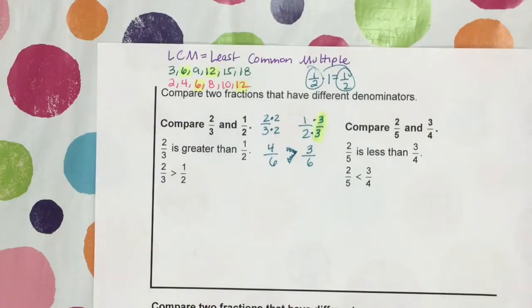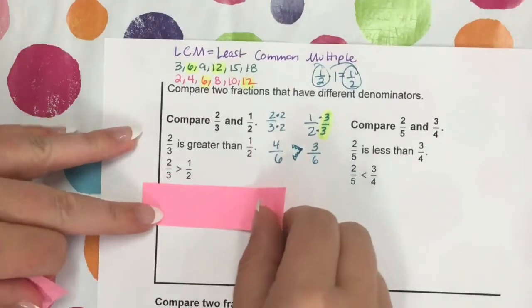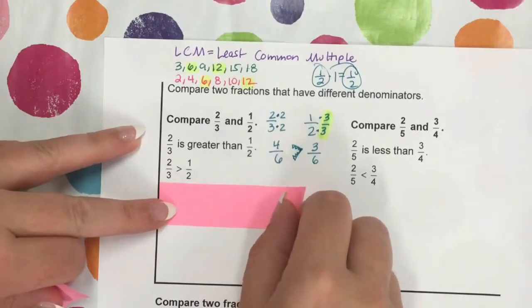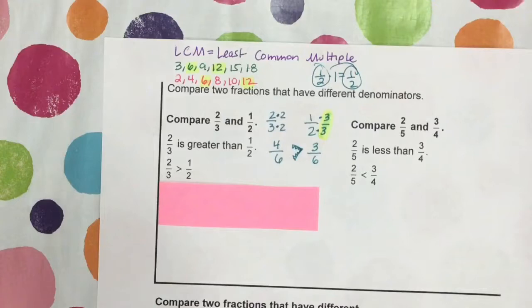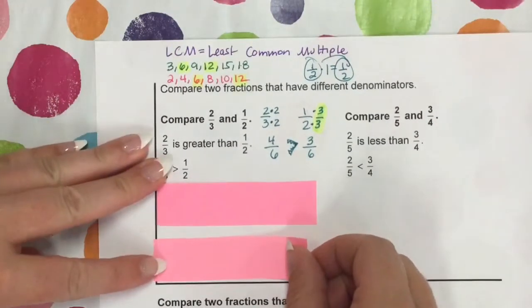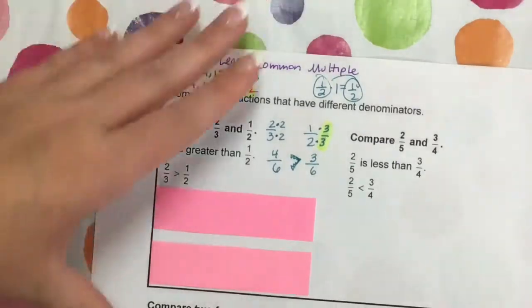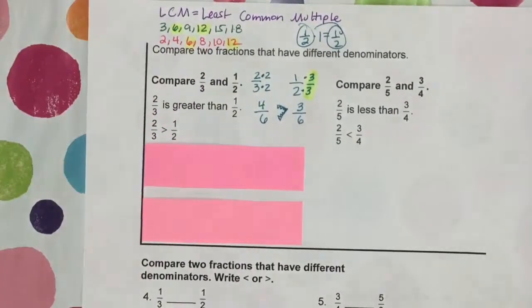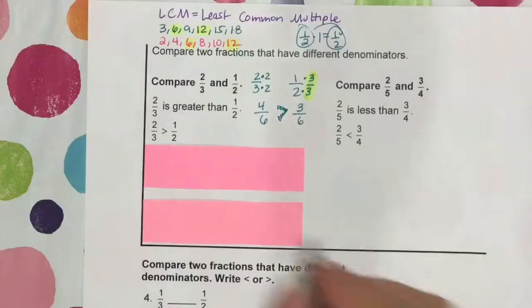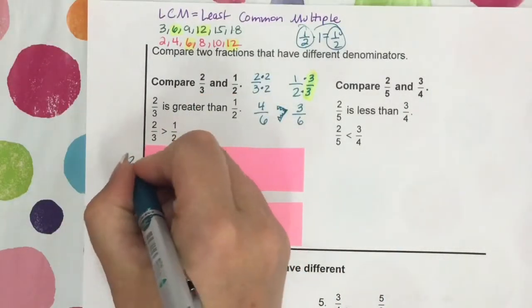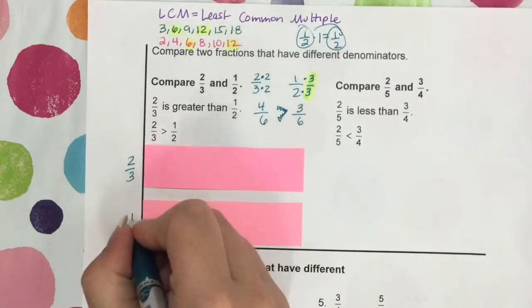But I want to show you guys visually what's going on here, because sometimes it's just good to be able to understand the concept visually. So here I got these little pink strips. They're not yellow, they're pink. Okay. And what I'm going to do is I'm going to call this one 2/3. And this one is going to be 1/2.